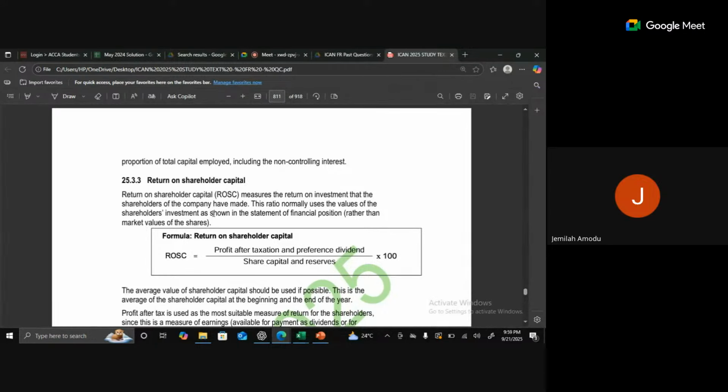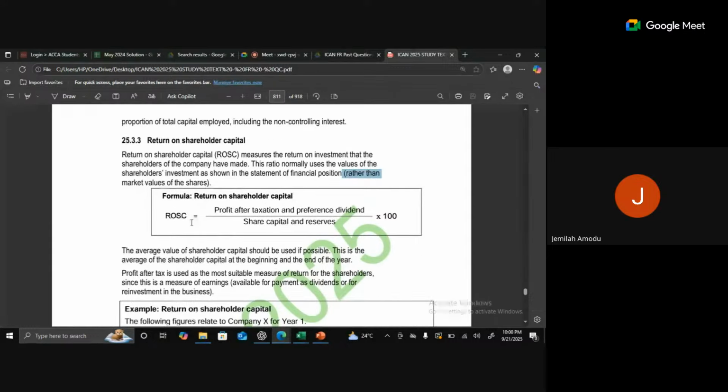If they want to confuse you, they might show you what is in the financial position and still give you a bullet to say that the market value of that share is this. Then you start thinking which one will I use? They just told you here to stick to the one presented in your financial position. So even when they make mention of market value, that does not concern you. Just close your eyes and move forward.